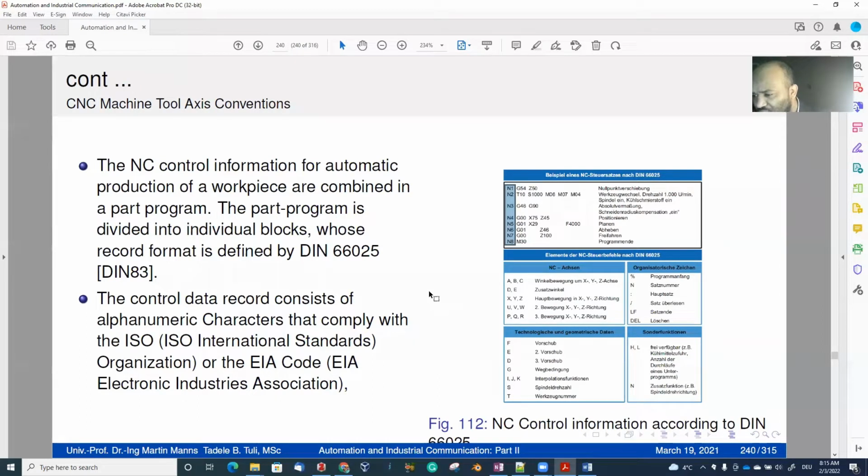The other is that you also have some denotations for axes. For example, XYZ are the main axes, and ABC are rotational axes about XYZ.